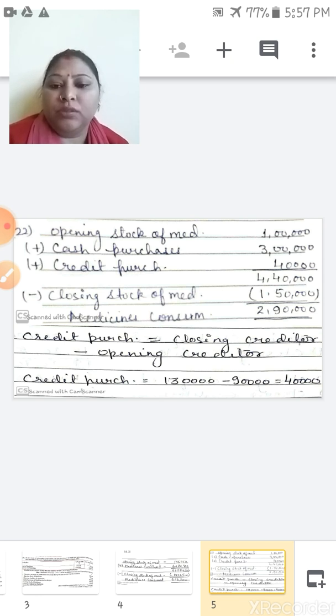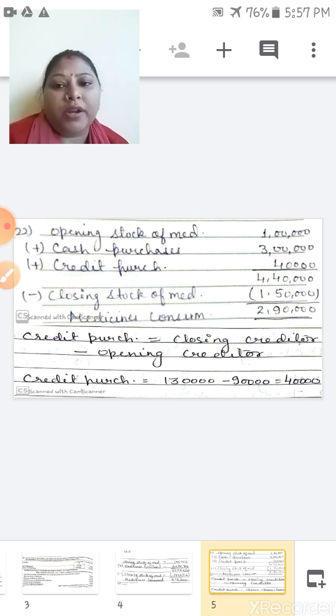Look at the bottom. Credit purchase is equal to closing creditor minus opening creditor. Put the values and write down the answer. Credit purchase is 40,000 and cash purchases given in the question is 3 lakh. It means net purchase is 3,40,000.